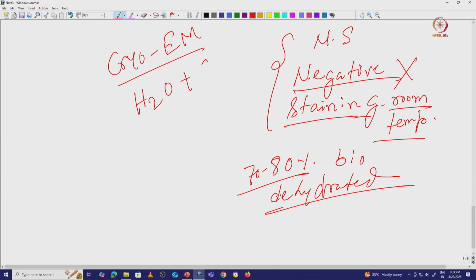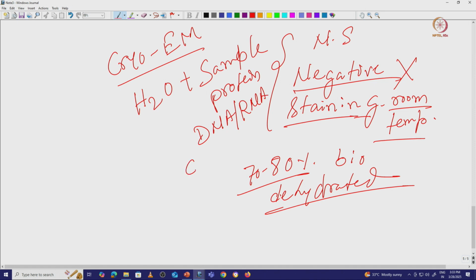That sample may be your protein or your DNA or your RNA, or a DNA-protein complex, RNA-protein complex, and all of that has carbon, hydrogen, nitrogen, oxygen and sulfur. Those are the components, and they will stay in the water. Will water stay as a liquid form? No, it will form amorphous ice. Within that amorphous ice our biological science sample will be embedded.